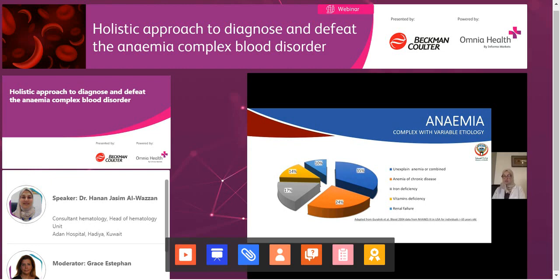Most of the anemias are not explained, and the root cause remains unknown, reflecting the difficulty of good diagnosis of anemia.